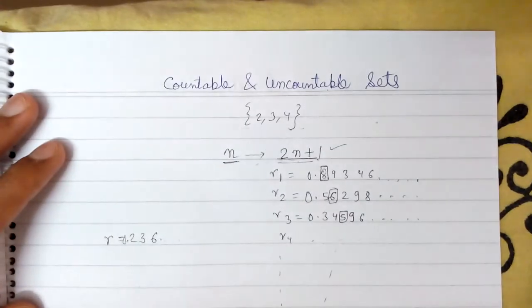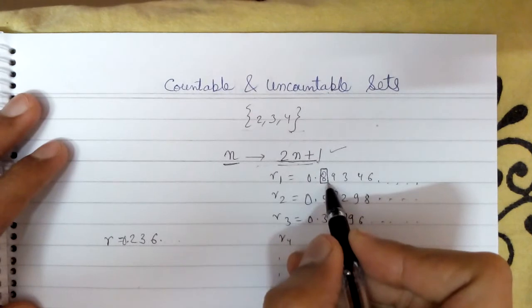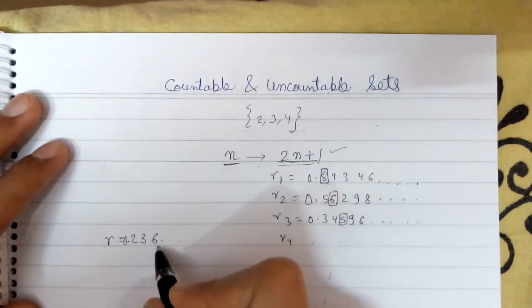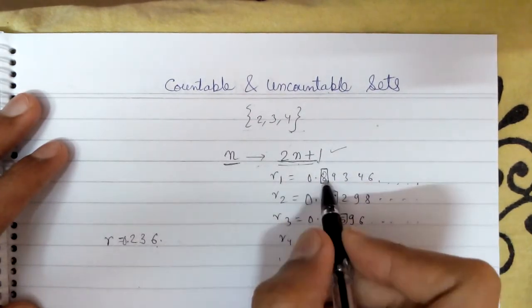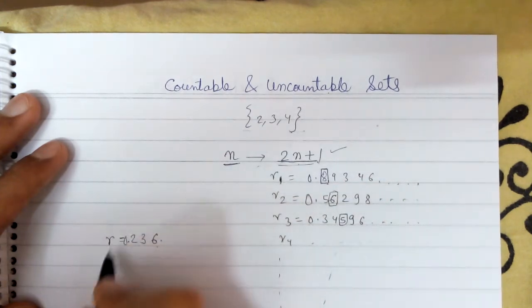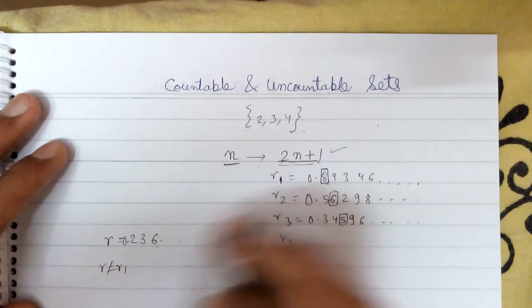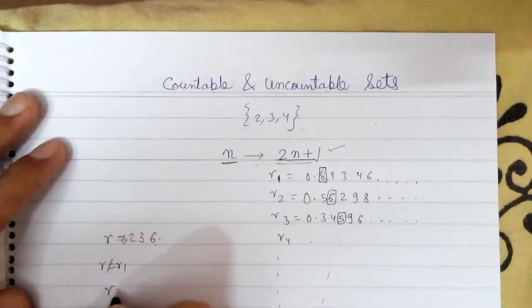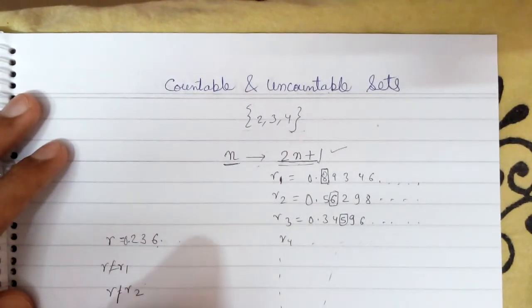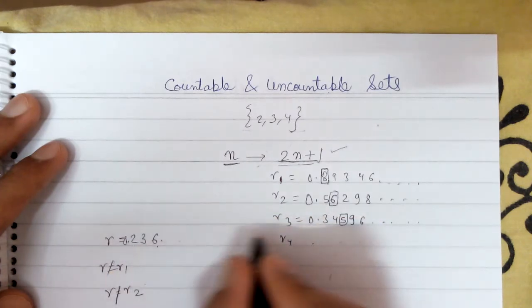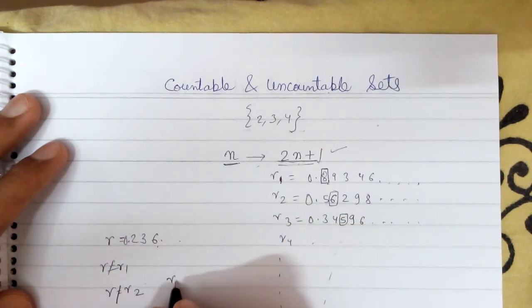Now R's first digit is different from R1's first digit, so that means R is not equal to R1. R's second digit and R2's second digit differ, that means R and R2 cannot be equal. Similarly, R's third digit and R3's third digit differ.